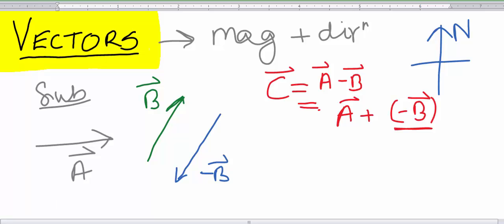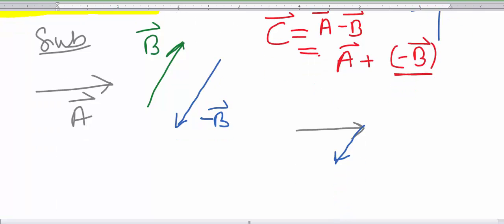So let's add them. So we can have A vector and the B vector like this, and let's join the two. So we get the C vector. This was a subtraction.